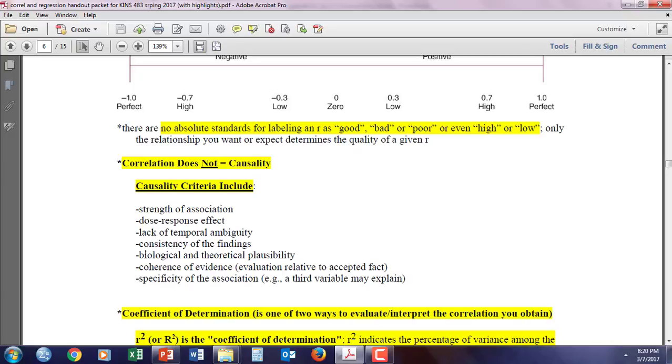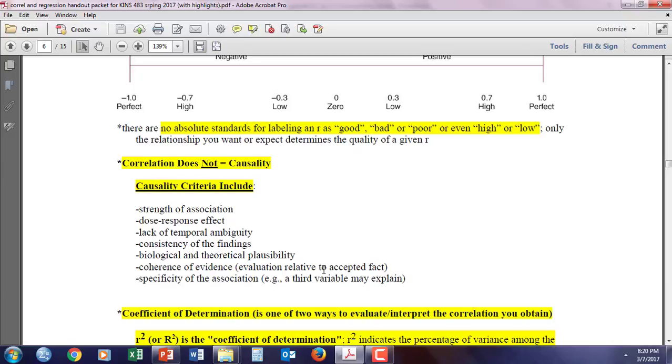There needs to be a biological, theoretical, rational reason why something should cause something. And so is there a mechanism? That also is an important criteria that needs to be in place before we assume causality.